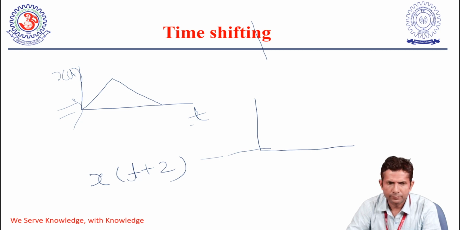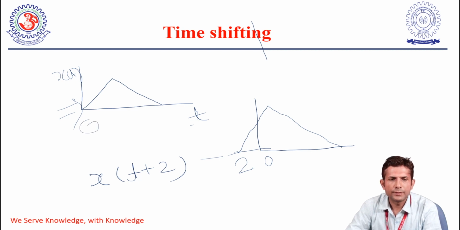Now suppose this is 2, and this is 0. Here it was 0 only.